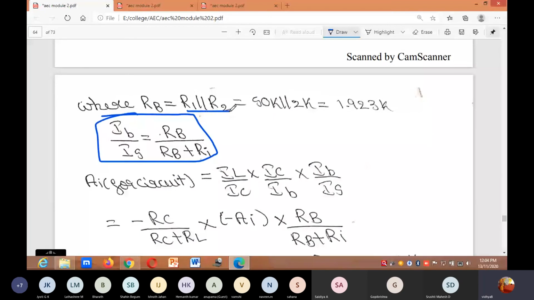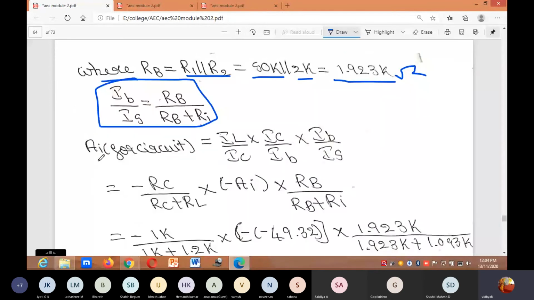R1 we know, R2 we know, so we will get the value 1.923 kilo ohm. This is kilo ohm resistance. AI is equal to IL divided by IC, the equation is minus RC divided by RC plus RL.